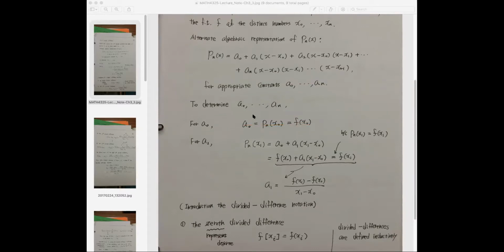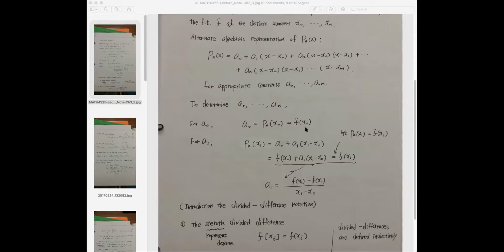So let's see. When you plug x0 into x, we get a0 equals P_n of x0 equals f of x0.